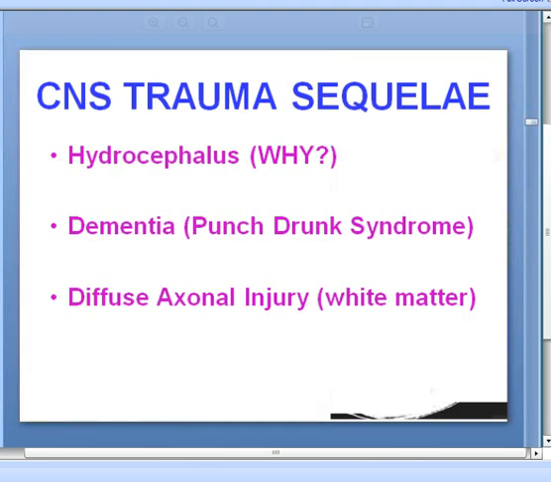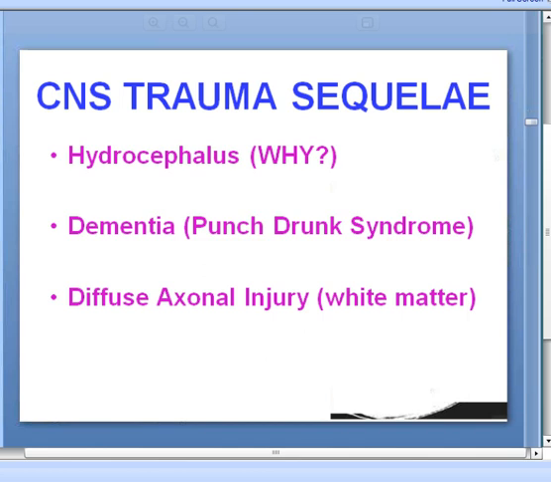Okay, let's talk about some general sequelae. I think if you take the point of view that extensive hemorrhage to the brain or trauma can develop in a wide variety of syndromes, one of them is hydrocephalus. And if you have a hard time understanding why extensive brain hemorrhage can result in hydrocephalus, let's explain it this way.